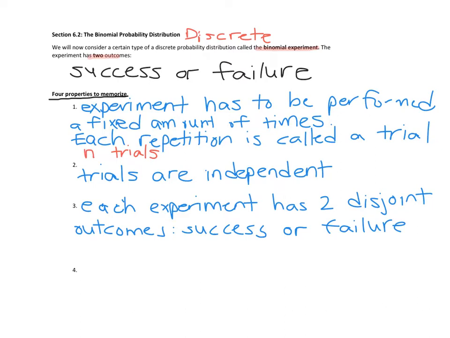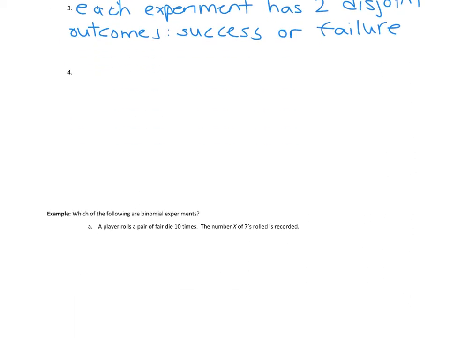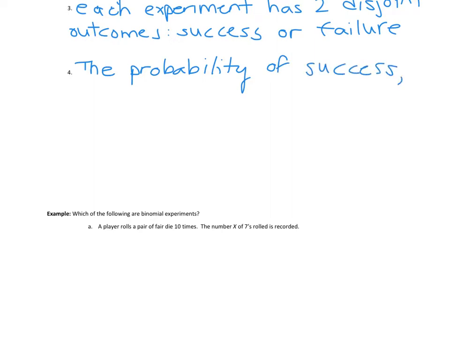And finally, the 4th one is that the probability of success, which we're going to call p, and that's notation we'll use for the rest of this section, is fixed. So it's kind of related to independence of our trials.